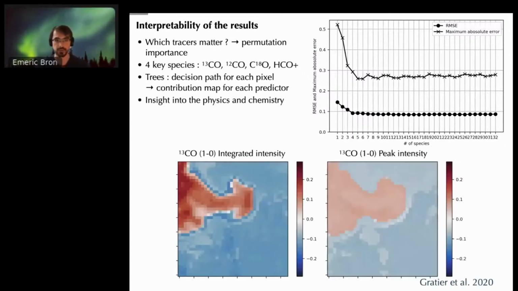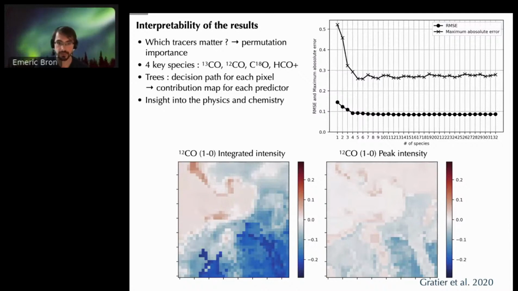And you can do even more. With random forest, using the tree structure of your model, you can, for each pixel, estimate the contributions of the different lines to the prediction. And so you can make maps of the contribution, for instance here of 13CO, which we see contributes in most of the cloud.